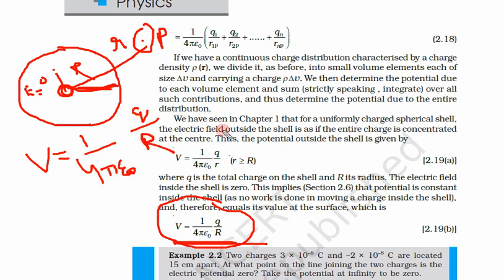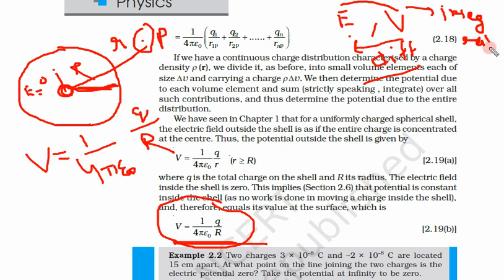Now you have to understand this property of the electric field and potential. Electric field is simply the differential of this potential, and potential is simply the integration of this electric field.